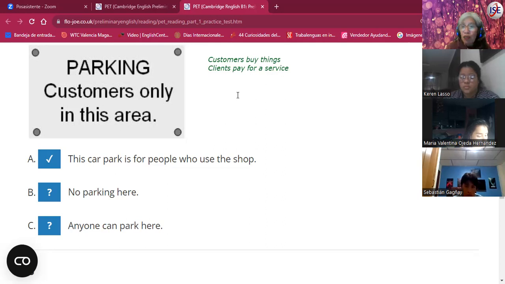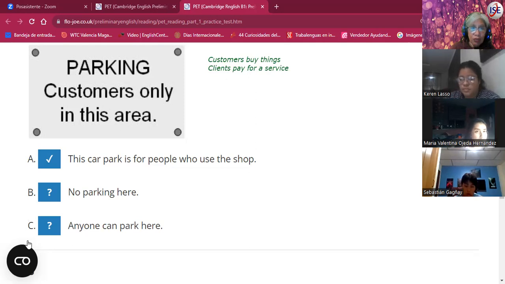If there was some food left and I take it home, that's a special case. But most of the times when you go to a restaurant, you eat, you don't take anything home. So be careful because this is part of the vocabulary you should manage in a B1.